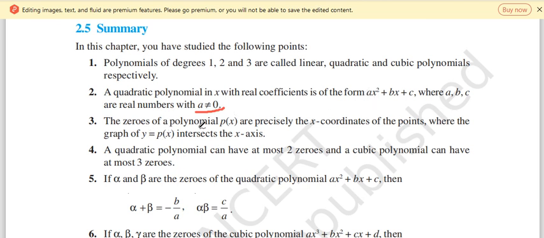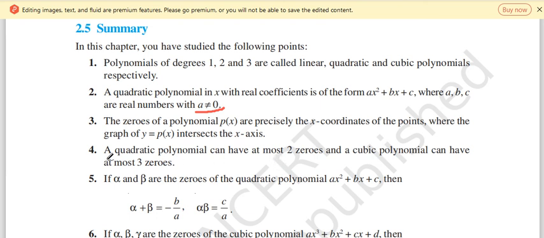The zeros of a polynomial p of x are precisely the x coordinates of the points where the graph y equal to p of x intersects the x axis.